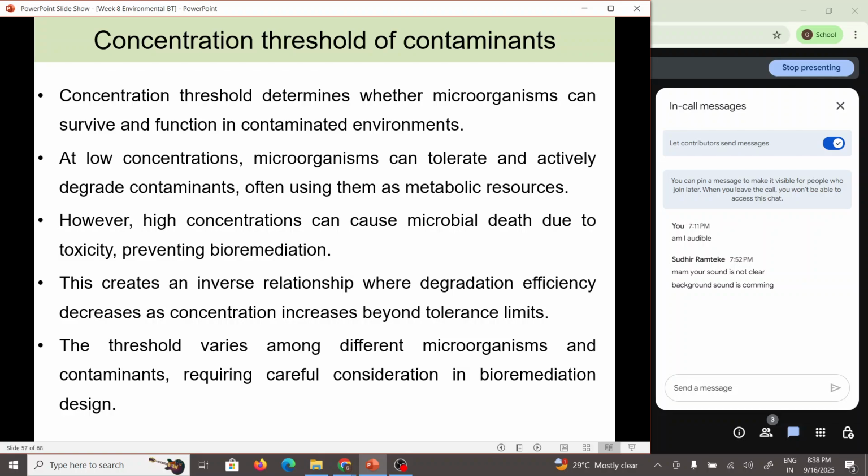So at low concentrations, it tries to use that contaminant itself as its metabolic resource, and then it goes on proceeding with its normal energy generation process.